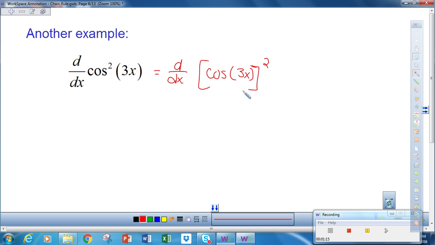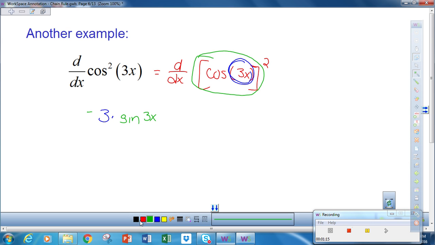Okay? So we have to start by taking the derivative of the inner function, and this inner function is 3x. So what is the derivative of 3x? 3. The next function is cosine of 3x. So what's the derivative of cosine of 3x? It is negative sine 3x.